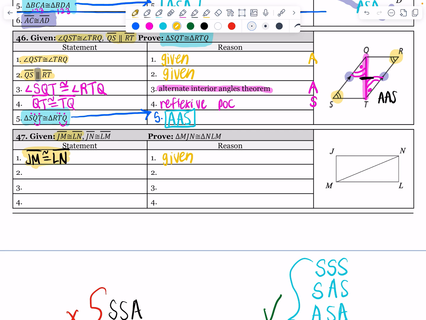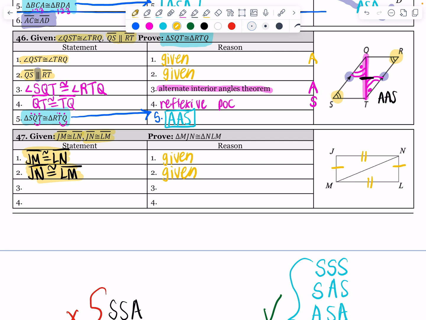J to M is congruent to L to N. And then they also tell me that J to N, that segment, is congruent to L to M. So I'm literally just copying that from above into the proof. Now we need to copy that into the picture. So I write given. Those are congruent.